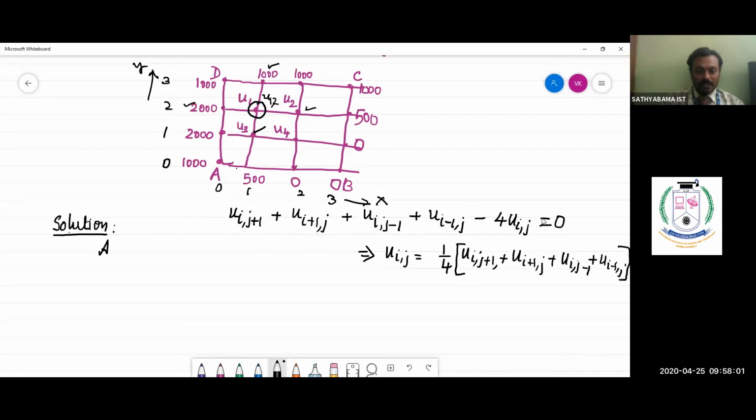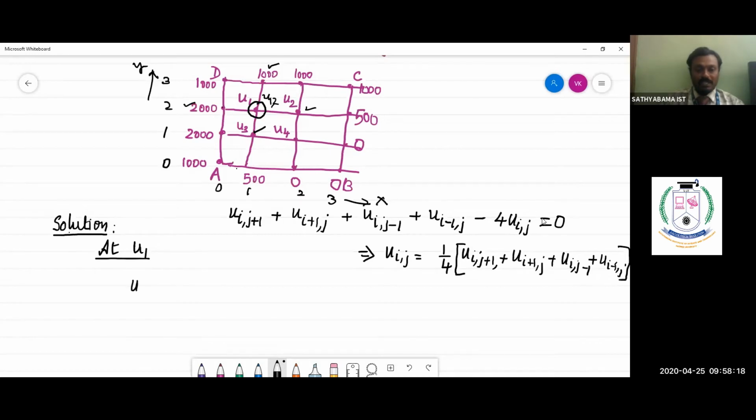So at u1, it is u1 comma 2. So you put i equal to 1, j equal to 2, and that is going to be the standard 4-point formula.